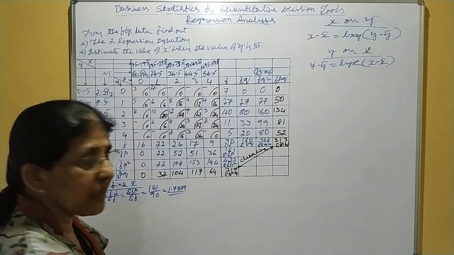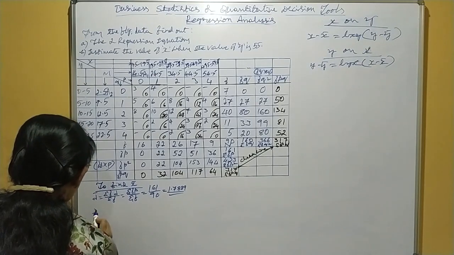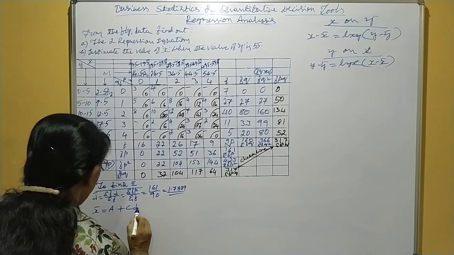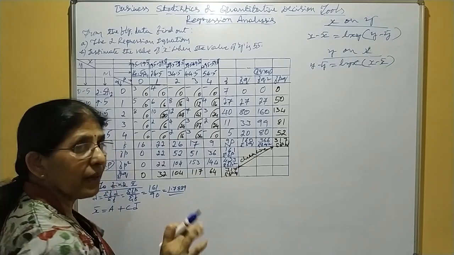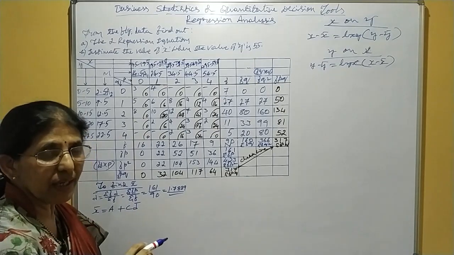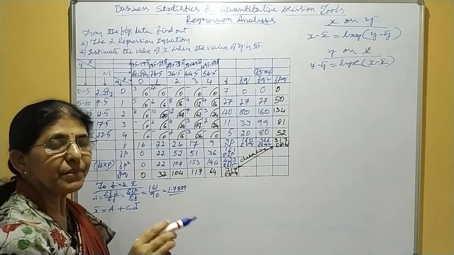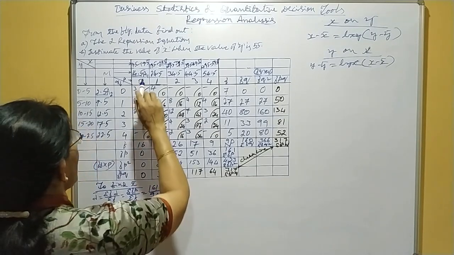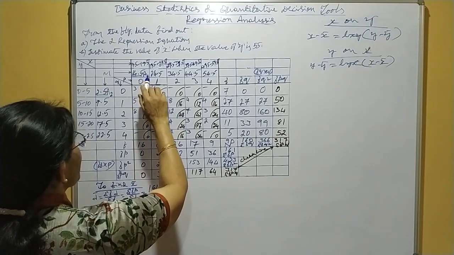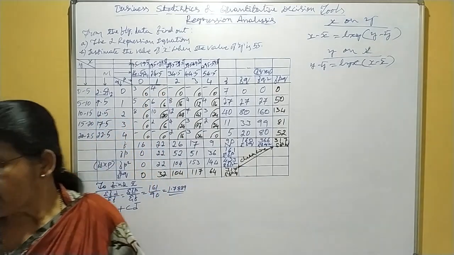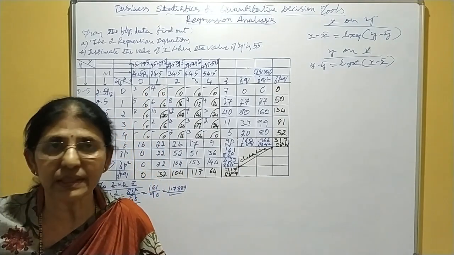Okay. Next, we have to find out x bar. X bar equals a plus c d bar. Here we have come across two variables, one is x and another one is y. In order to differentiate between the assumed mean of variable x and variable y, we have taken the assumed mean of variable x as a1 and the assumed mean of variable y as a2, isn't it?